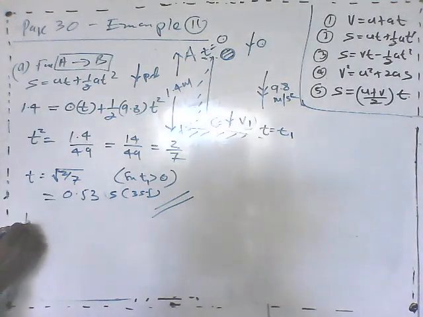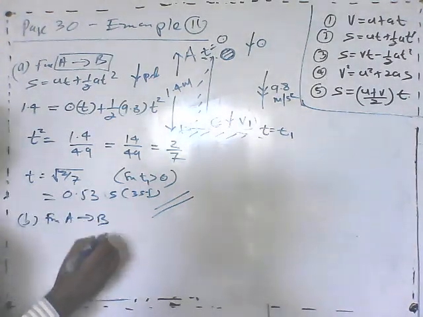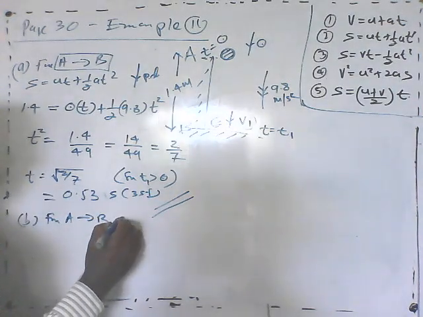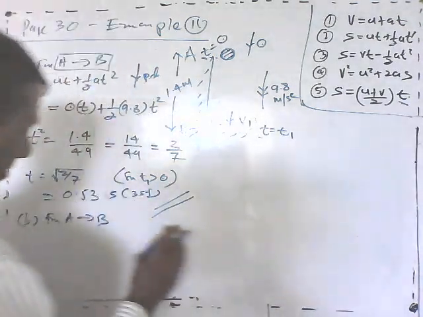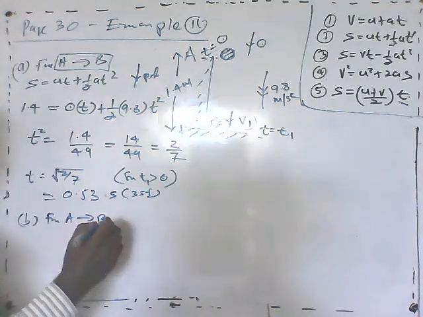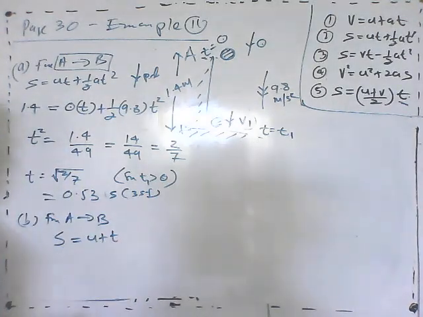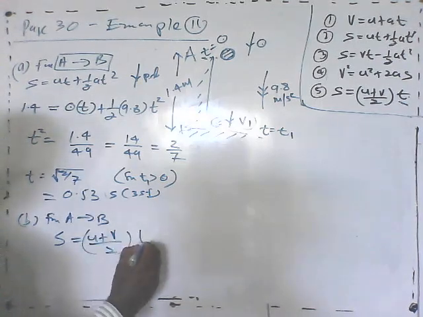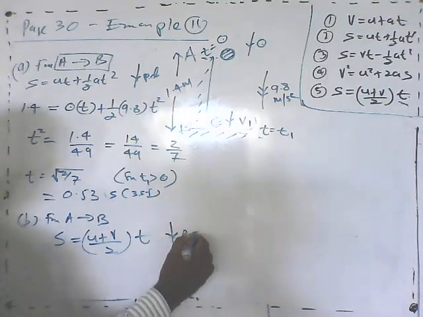For part B, I will use from A to B. Since we found this, this equation is better. So from A to B, we will use s = ((u + v)/2) t, downward, positive direction.